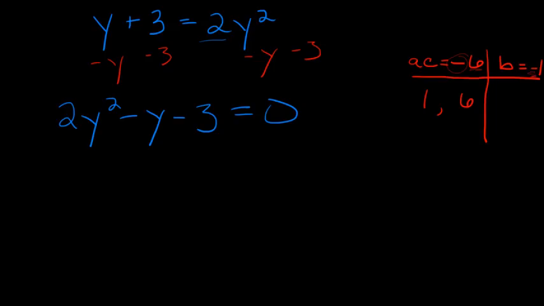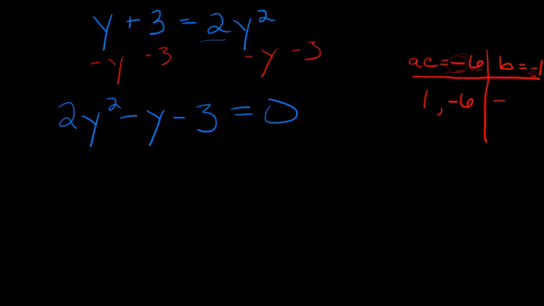And the sign of B tells me the sign of my bigger number. Since B is negative, I'm going to make the 6 negative.